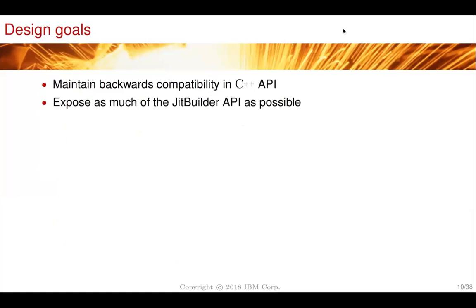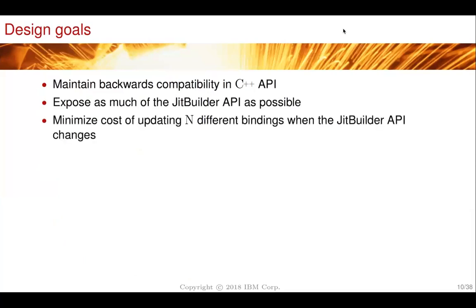We also want to minimize the cost of having to update n different bindings. Since JitBuilder is a technology that changes fairly regularly, we don't want to have to work too hard to make JitBuilder API changes work across n different language bindings.